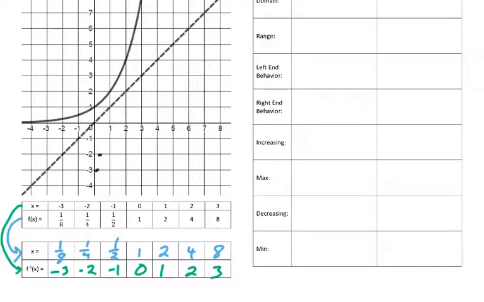For the next value, at 1/2, it's going to be negative 1, right about there.